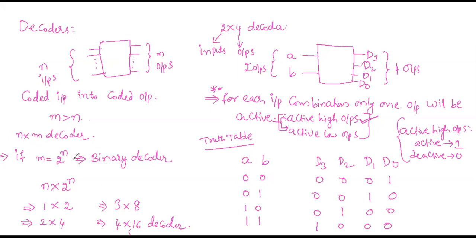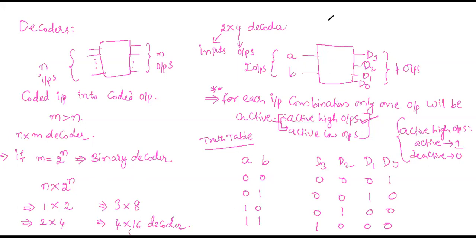If m is equal to 2 to the power of n, the decoder is known as a binary decoder. Binary decoder examples are 1 cross 2, 2 by 4, 3 by 8, 4 by 16. Coming to the 2 by 4 decoder, this is the block diagram: 2 inputs, 4 outputs. In the outputs we have two types, active low outputs and active high outputs, and we discussed the active high outputs.